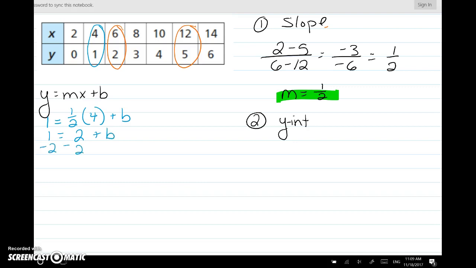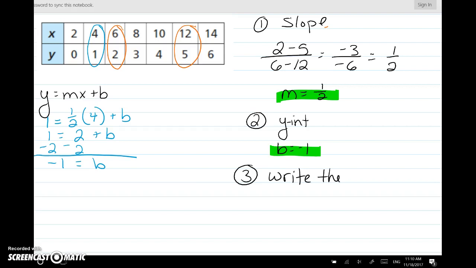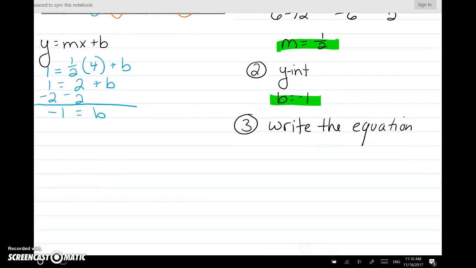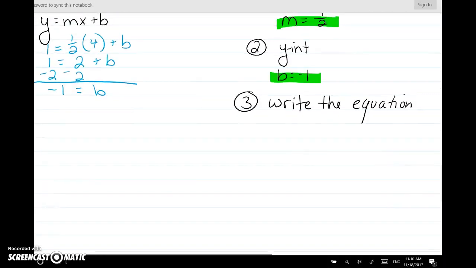Subtract by 2 on both sides. I get negative 1 equals b. So my y-intercept is b equals negative 1. And finally, I write my equation. Which, whoops, scrolled up a little too much. Cut back here. Y equals 1/2, because that's my slope, x, minus 1, which is my y-intercept.